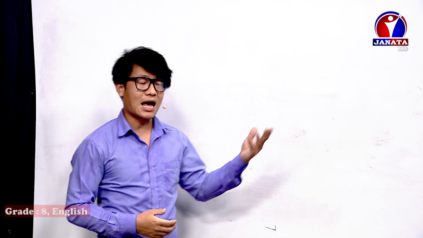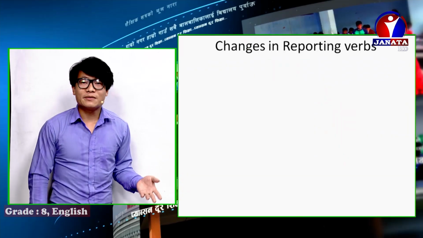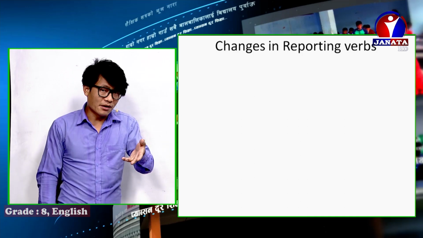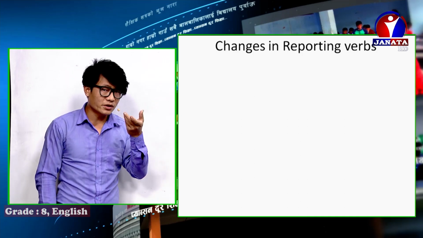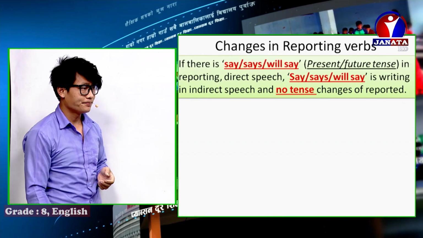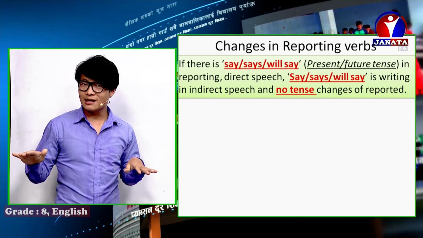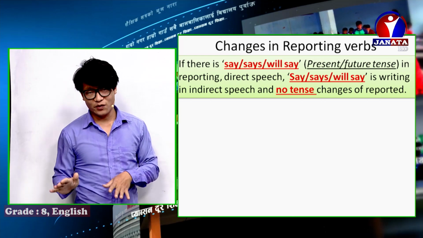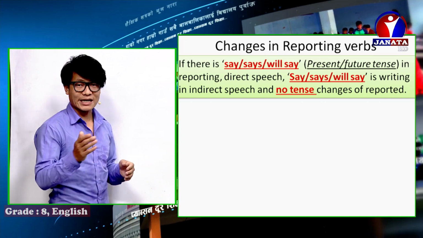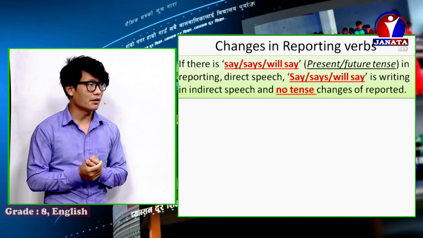Now let's learn another. So changes in reporting verbs. Changes in the reporting verb. You have learned which is called the reporting part and which is called the reported. So changes in a reporting verb. See this. I'm going through everything in detail, okay, so that it will be easy for you to learn to change direct into indirect. See this side, changes in a reporting verb.